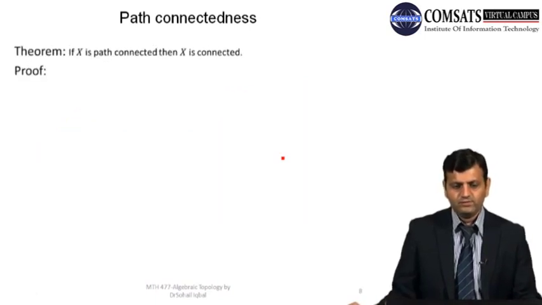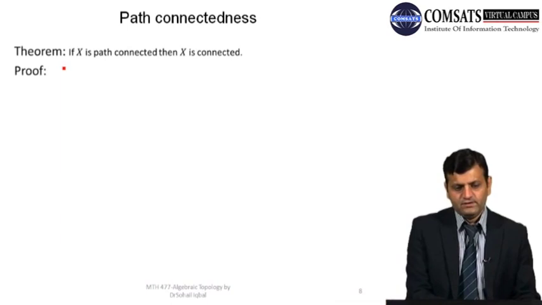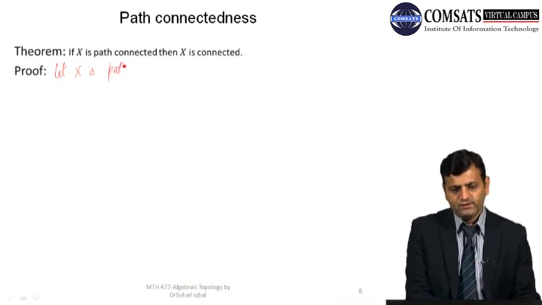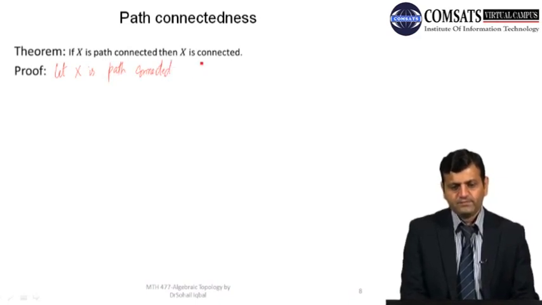If X is path connected, then X is connected. The proof is very simple. Let X be path connected. We have a space which is path connected. In other words, we can find a path between any 2 points of the space, and we have to show that X is connected.